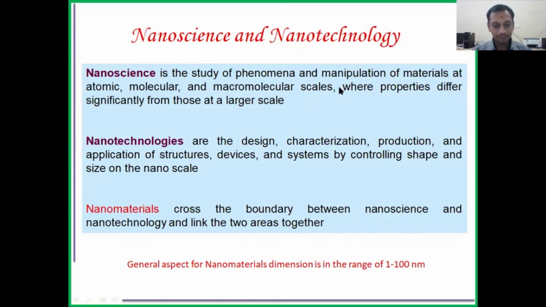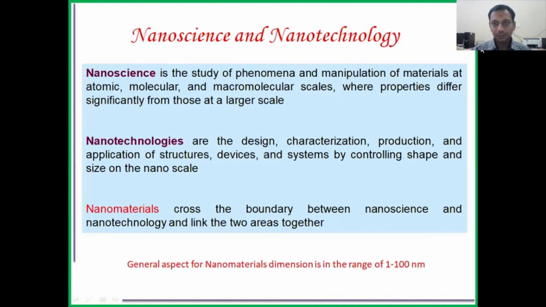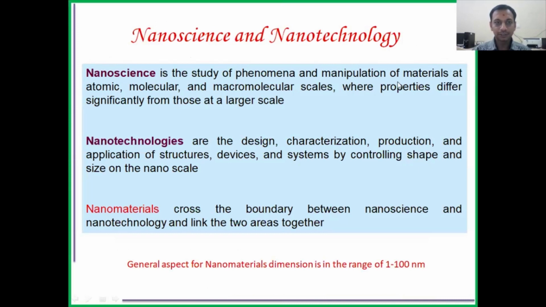Nanoscience is the study and manipulation of materials at atomic, molecular, and macromolecular scales. Basically science is a study of phenomena and manipulation of materials. Here you're talking about atomic, molecular, and macromolecular scales, where the properties differ significantly from those at a larger scale.